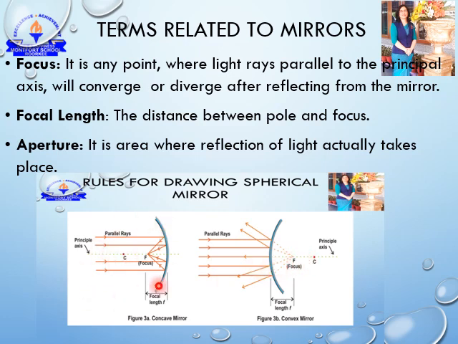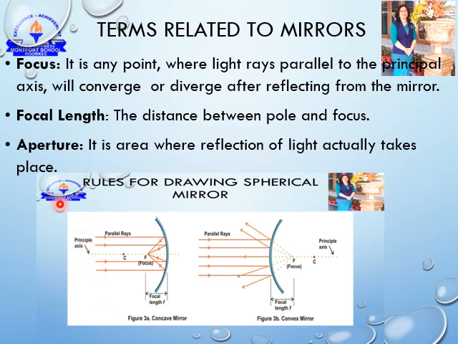Hence, according to the definition, focus is a point where light rays parallel to the principal axis converge or diverge after reflecting from the mirror. Focus is a point where the rays meet after reflection in the case of a concave mirror, and a point where rays appear to meet after reflection in the case of a convex mirror.